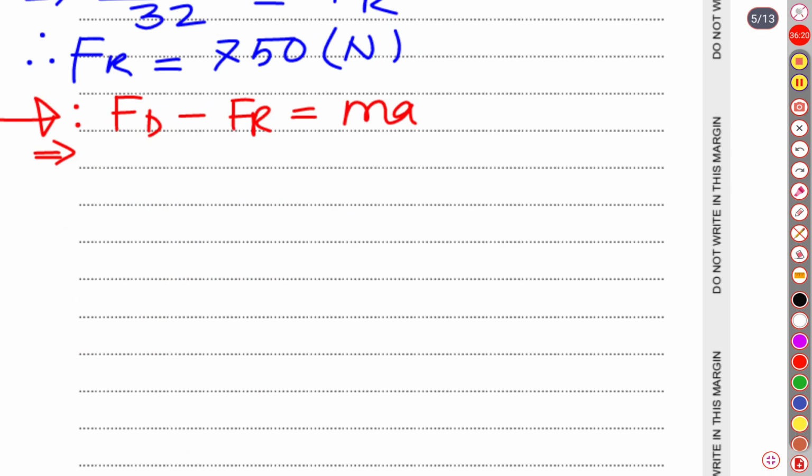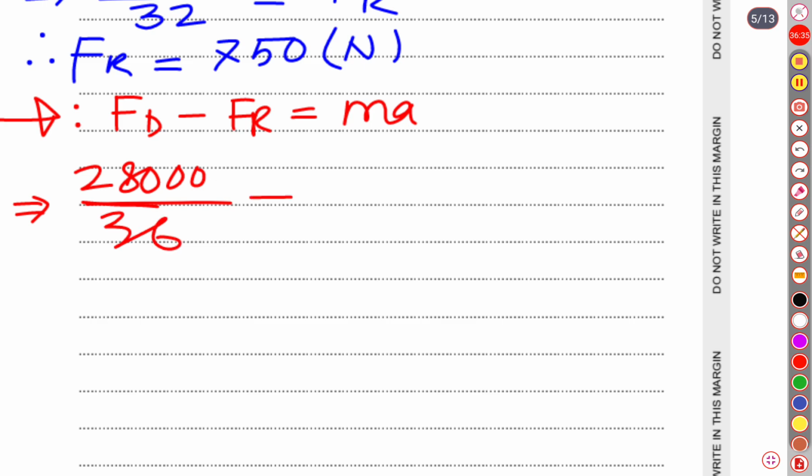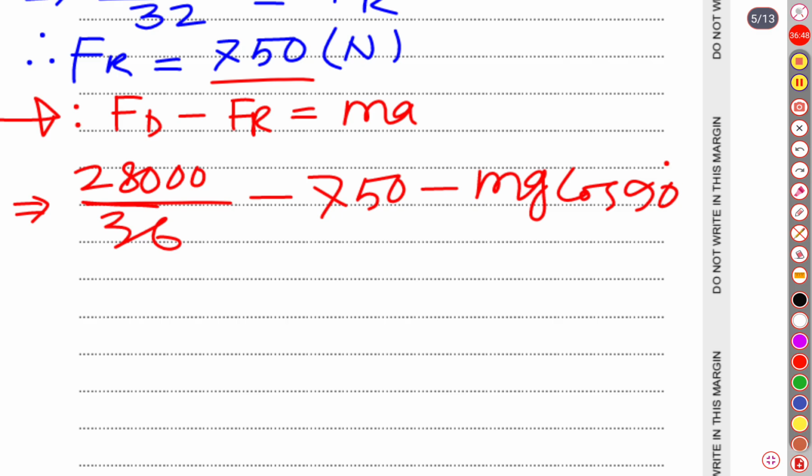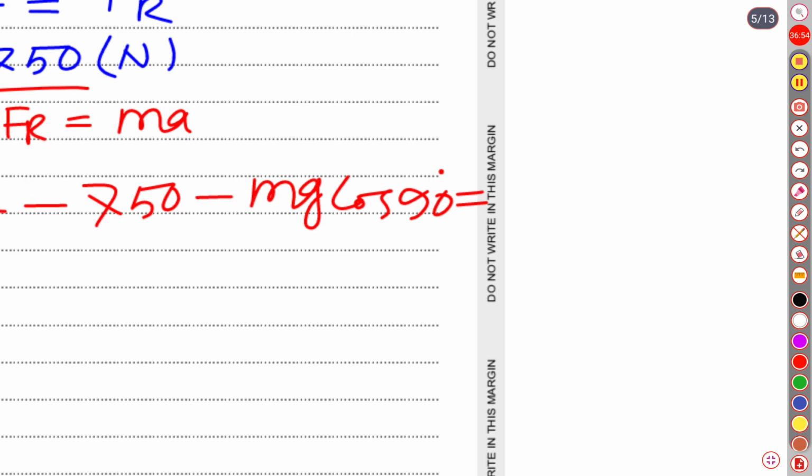Power is 28,000 this time, and velocity is 36, minus the frictional force we have just found, 750, and for the weight we write mg cos 90 degree, equal to mass into acceleration. The mass of the car is 1500 kg, so it is going to be 1500 into acceleration.